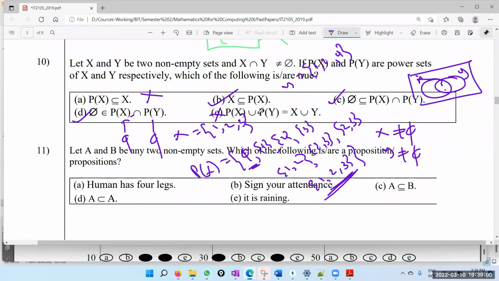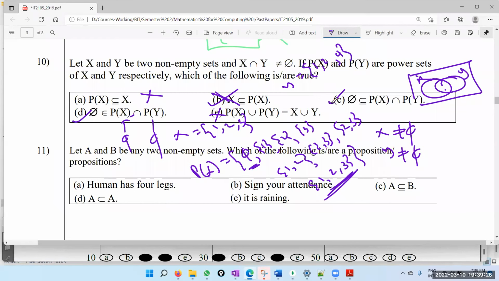It's something like apple and orange. Apple cannot be a subset of orange because they are two different things. Yes, definitely, B is not the answer. X is having its own elements, whereas power set is having sets as elements, so they are not compatible.